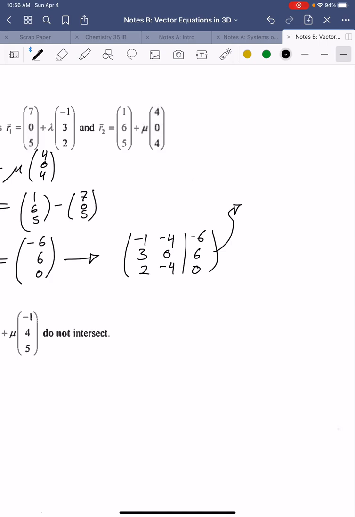So from here, we know that lambda equals 2 because 2 times 3 is 6. And if we plug it into this equation, negative 2 minus 4 mu equals negative 6. So that's going to be mu equals 1.